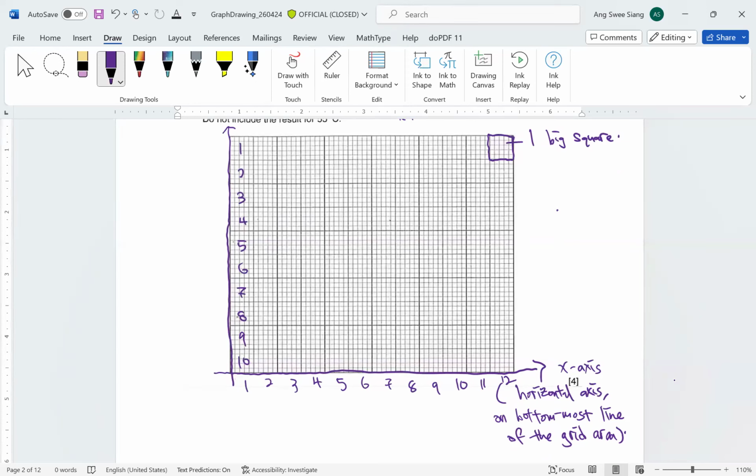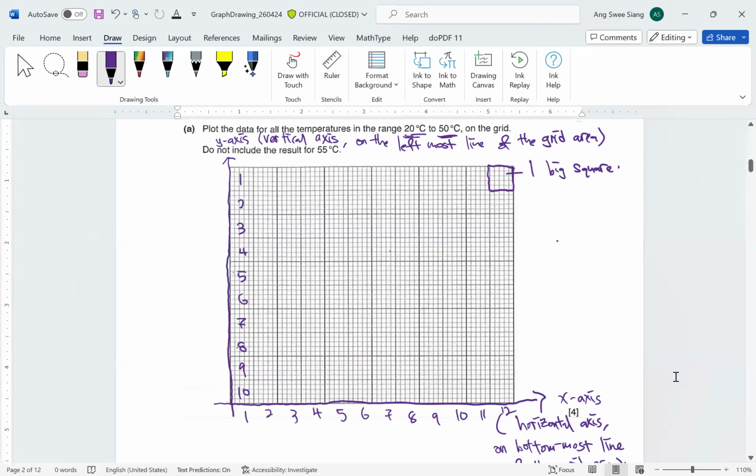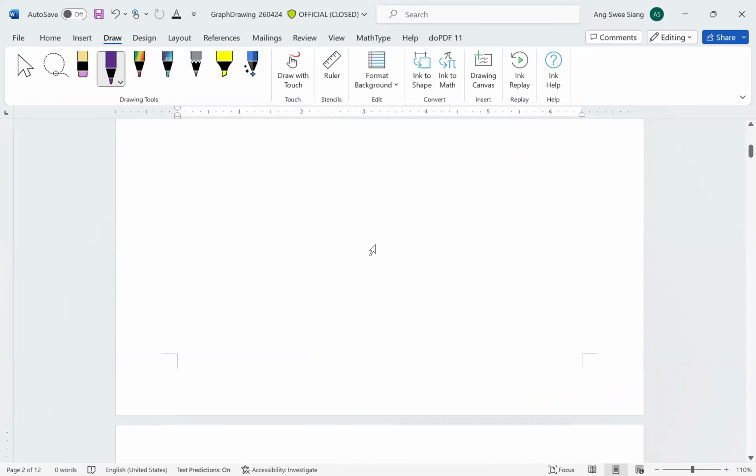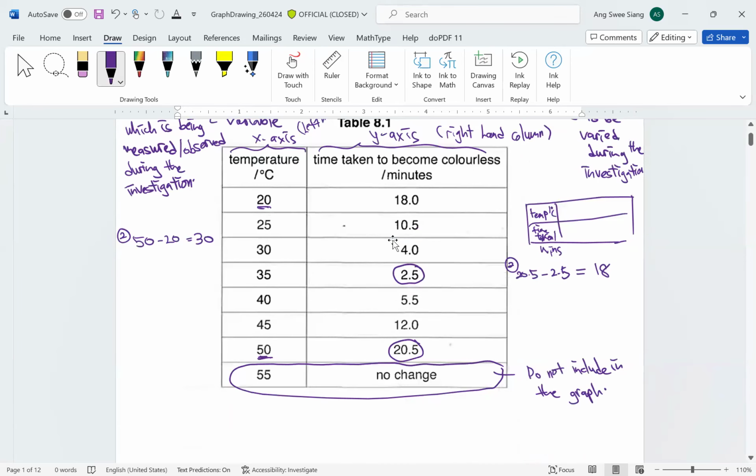In the exam you just count, and after you count, you just write. So for the y-axis I have 10 big squares, right? So I come back to here. For step number 2, I know 30, then I know I have 10 big squares. Wait, I wrote wrongly, sorry. The 10 big squares should be here.